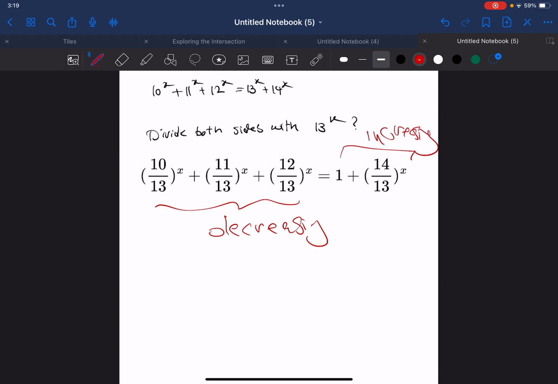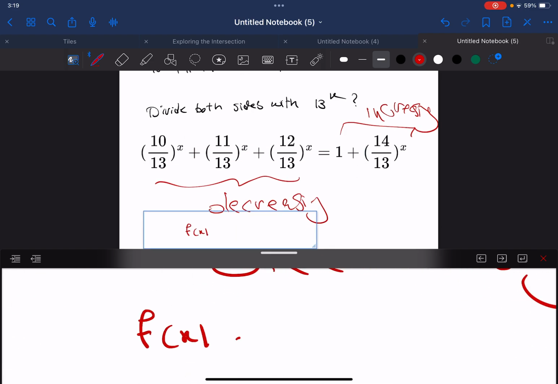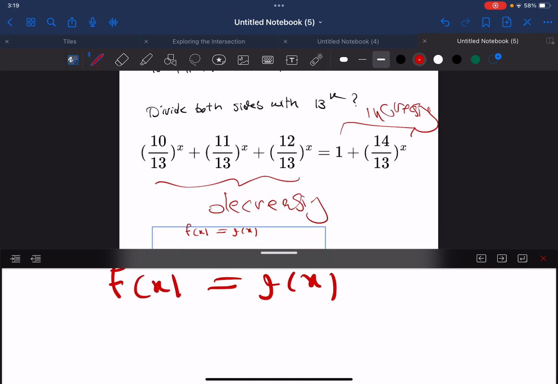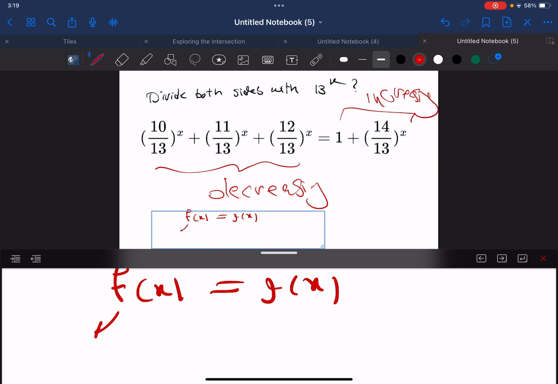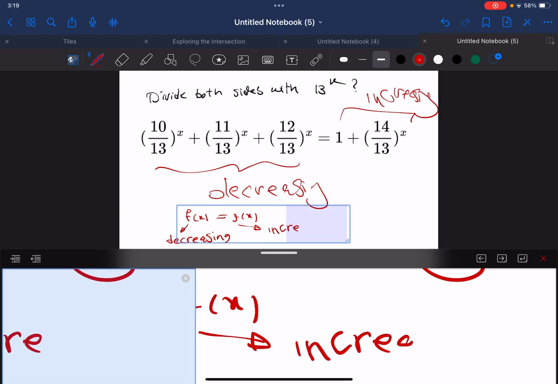So now we are again in the situation where we have f of x equal to g of x, where f is, in this case, decreasing, and g of x is increasing.